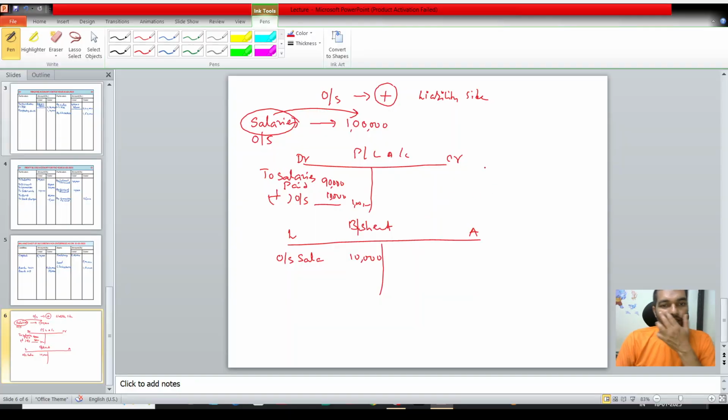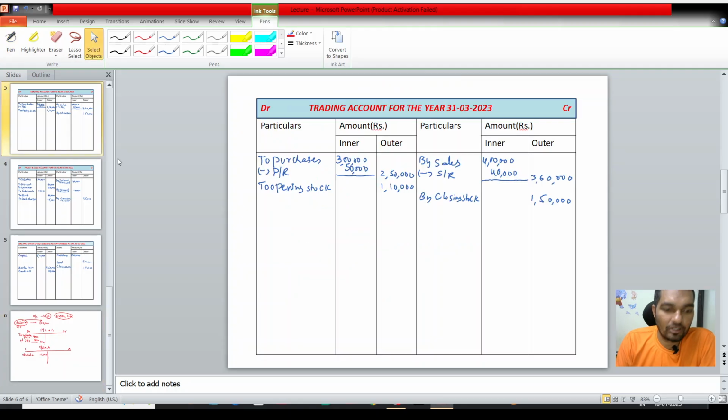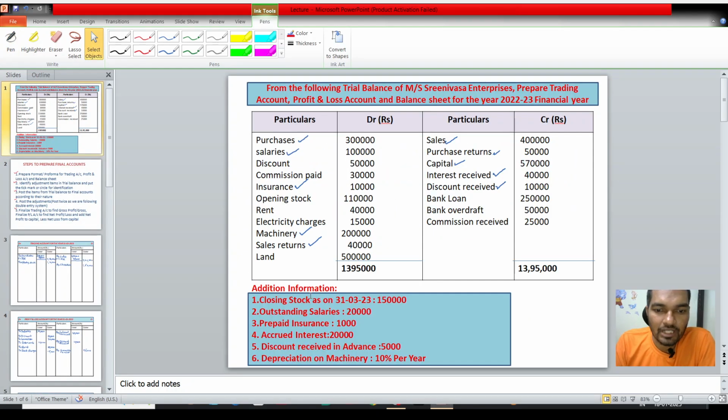So the fundamental rule is that whenever outstanding either salaries or rent or interest, commission, anything is given, simply remember the rule is plus, we need to add, and next we have to show liability side. So we follow this step, all of you.